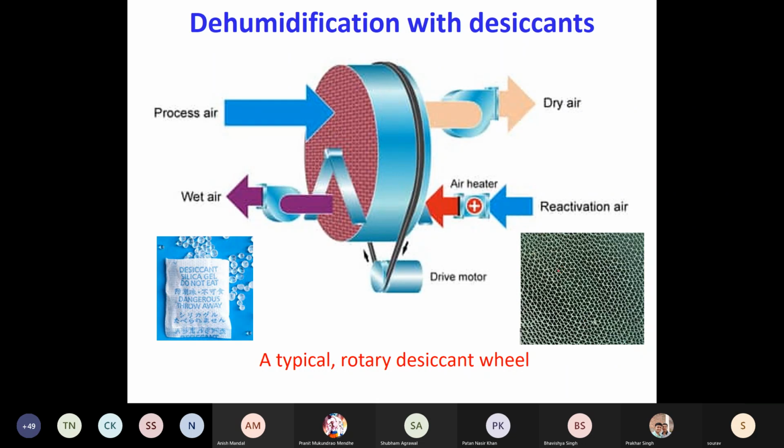It could be in the form of powder or granular structure also. This entire porous region would be filled with silica gel, and your process air which you want to dehumidify will pass through this, come in contact with silica gel and leave as dry air.